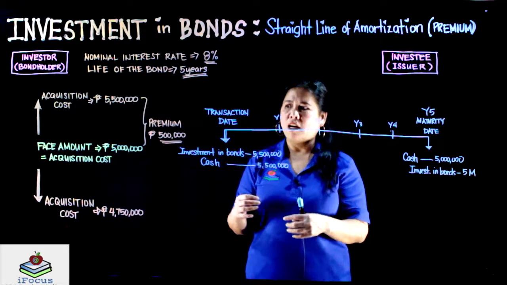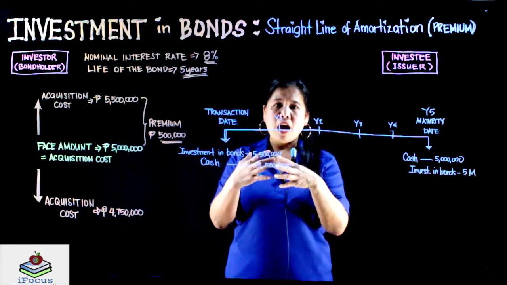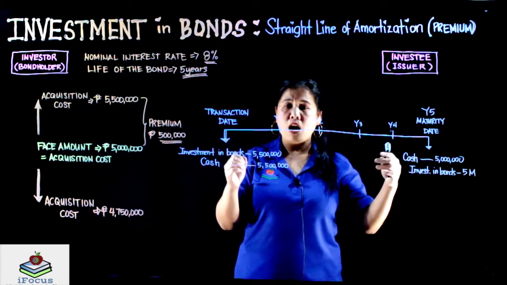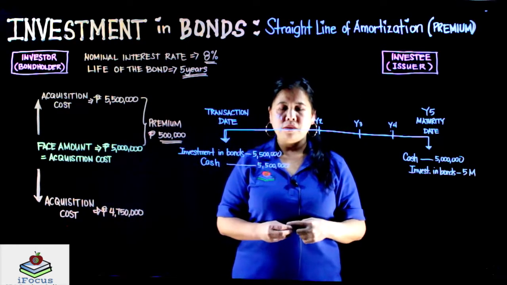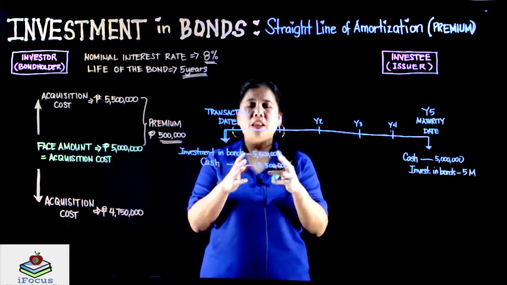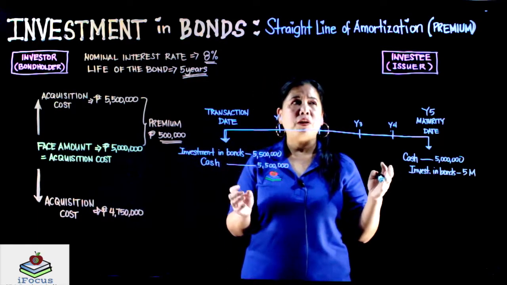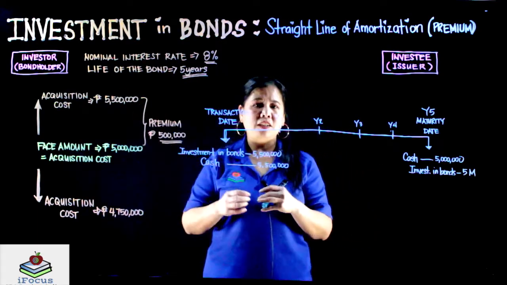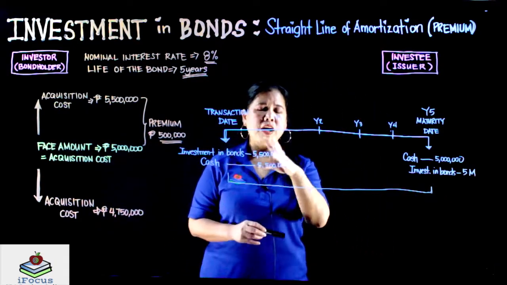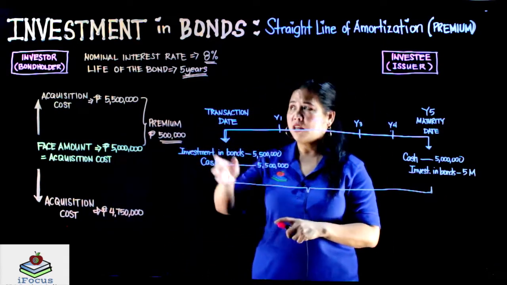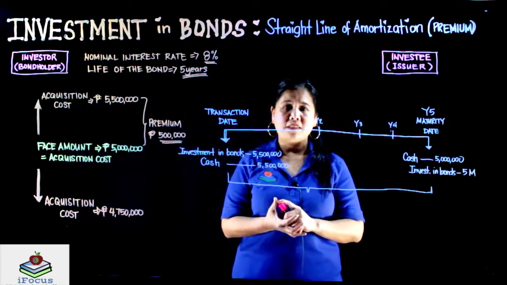Itong loss niya na 500,000 ay i-amortize natin over the life of the bonds. So, using the straight line of amortization, kahit na meron siyang loss, on the life of the bonds, kumikita naman itong si investor ng tinatawag na interest income. So, during the life of the bonds, si investor kumikita ng interest income.